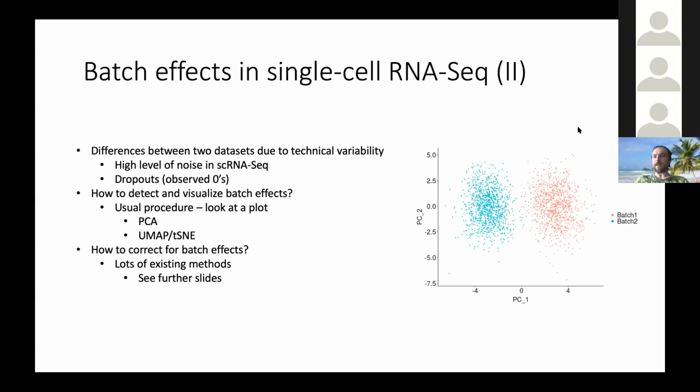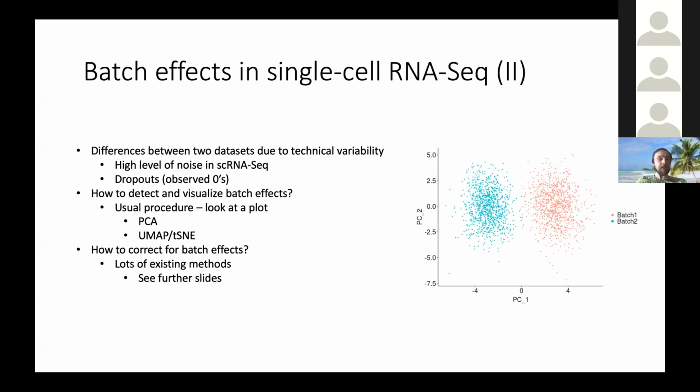So for example, here in this picture, we see two batches or two data sets that come from the same biological condition, but if we plot them using, let's say, the top two principal components, we will see that there is some discrepancy between them. So we would like to correct that, and at least visually, see that they are well mixed with each other.